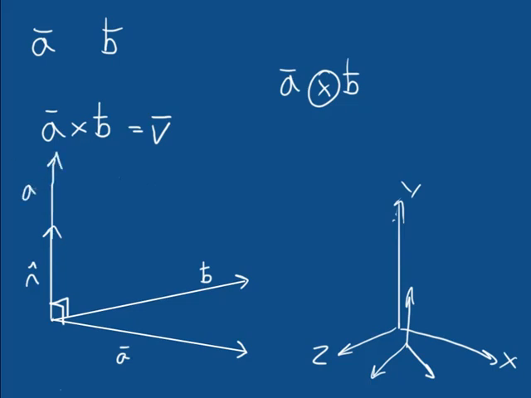So this is the vector A cross B, because it travels in the same direction as n, but it could have a different length.